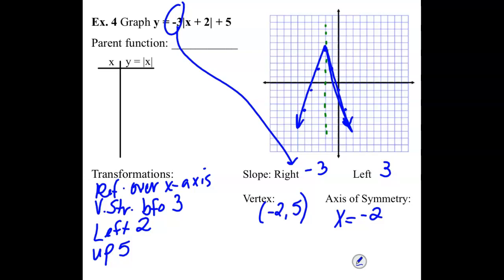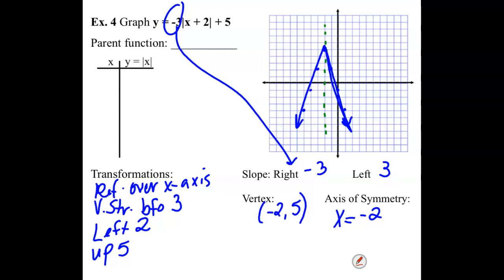Okay, now I'm going to take one point from that parent function. Let's say we pick this point. Does it move and land on my new graph if we were actually moving individual points? The first thing to do is reflect it over the x-axis, which puts it here.